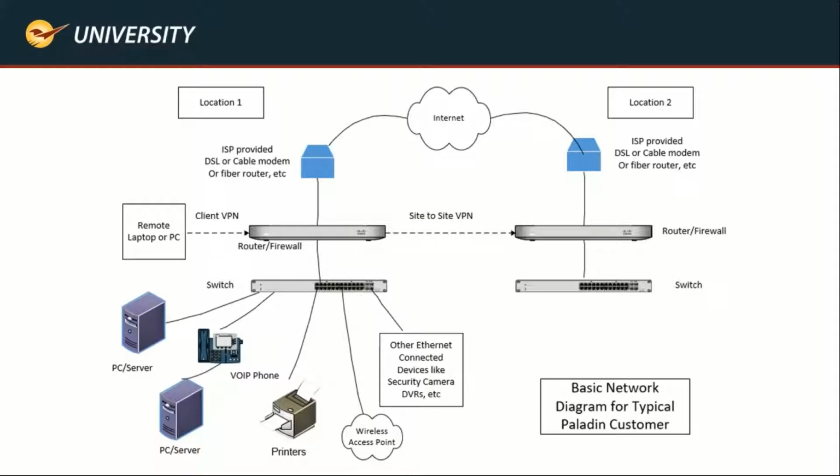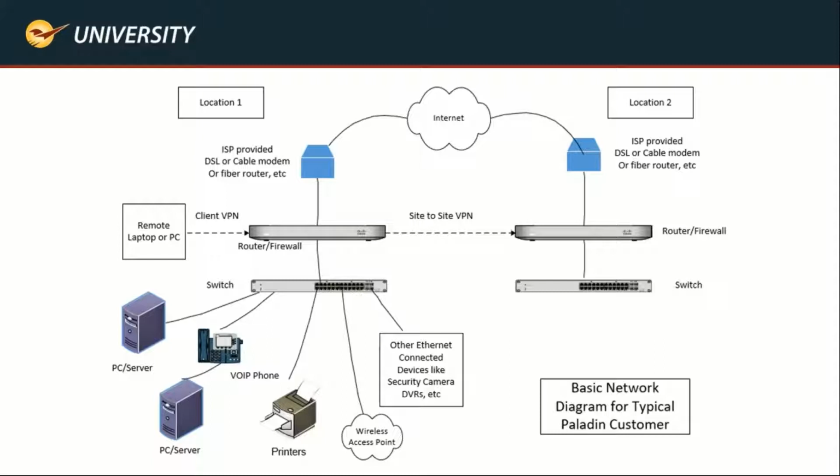And then on the left side, the last piece of the puzzle is the client VPN. So same thing, still virtual private network, still a secure tunnel, still a secure connection. But in this case, it's an application on a laptop or a PC that's located at a remote location that allows you to run Paladin from that remote location.